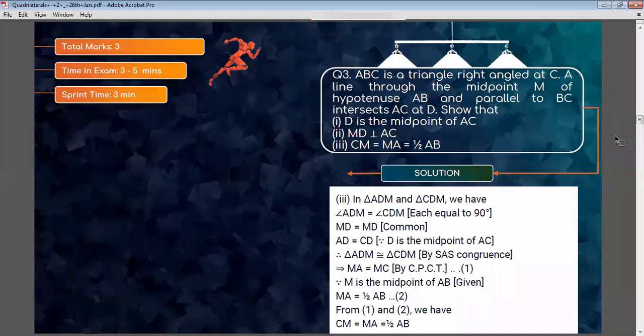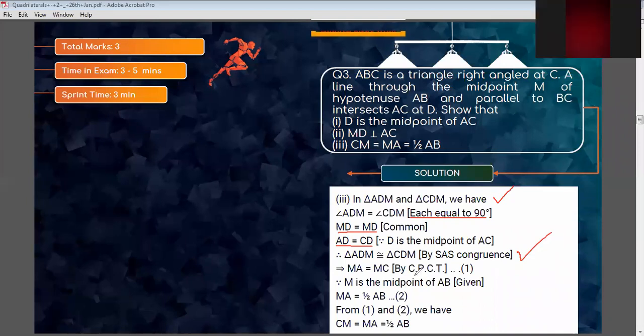CM equals AM equals half AB. So we have taken two triangles, ADM and CDM. Both the angles at D are the same, so we know that D is 90 degrees, so angles ADM and CDM both will be 90 degrees. In both the triangles we have MD as a common side, and since D is the midpoint, we have AD equals CD. So by all these three, we have the congruency by side angle side.